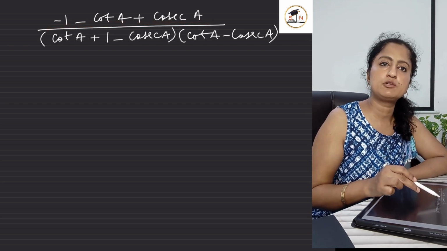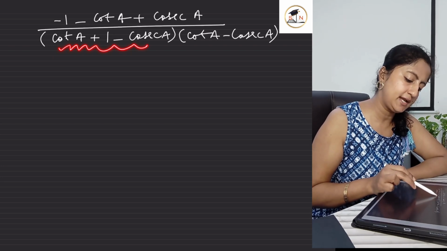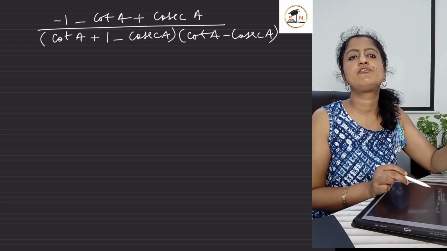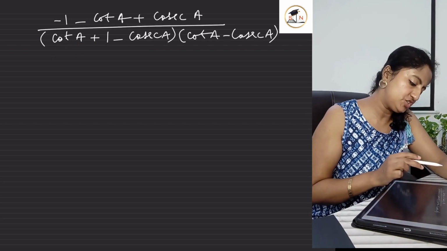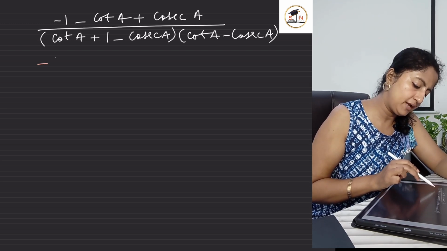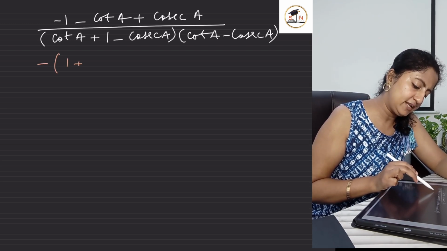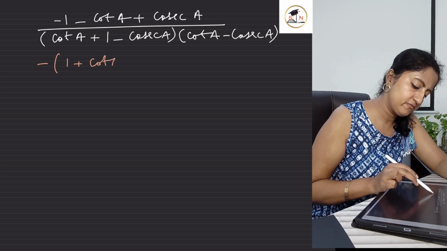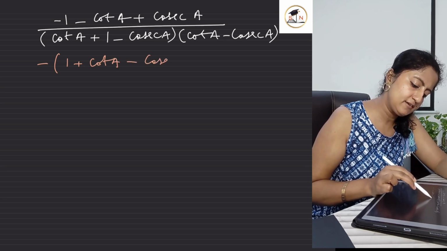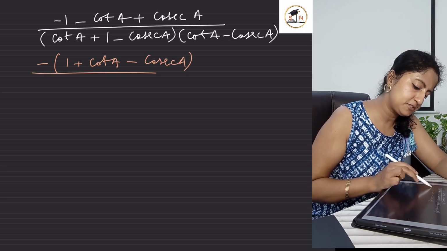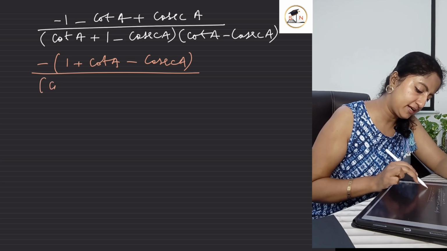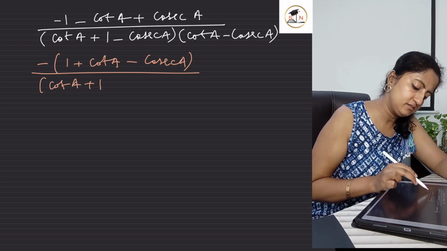And these terms are absolutely similar to what we have in the bracket with just a difference of sign, which we can change easily by taking out minus common. So that leaves us with 1 plus cot A minus cosec A. And this is absolutely similar to your first bracket in the denominator.